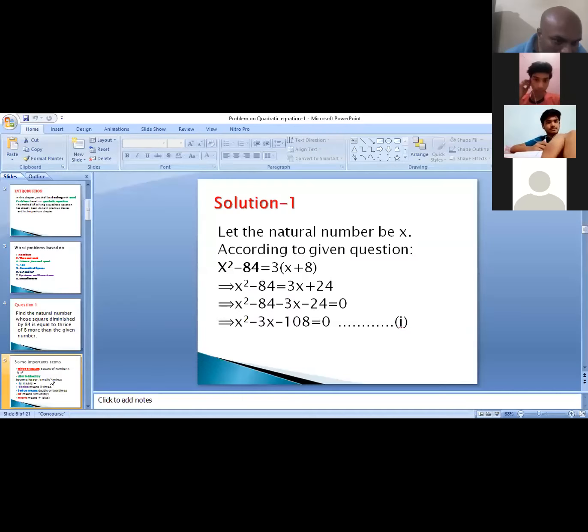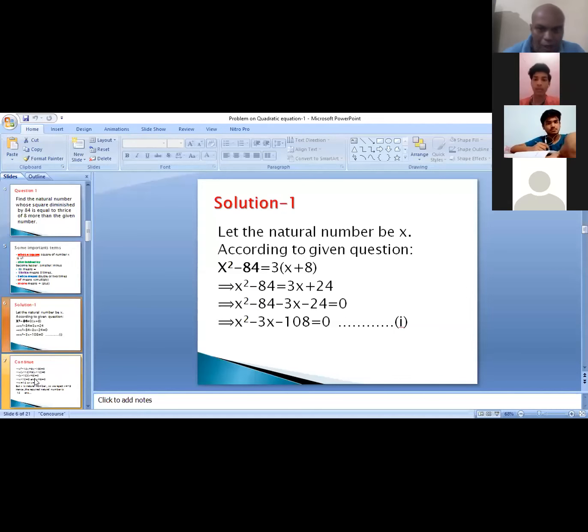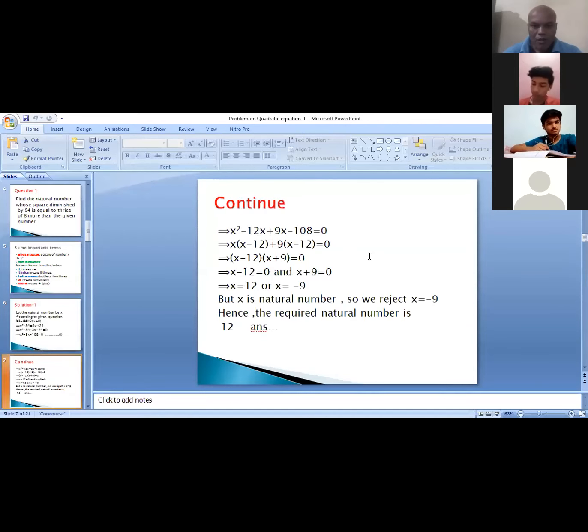Once this is completed, then you have to write like this. Okay, but x is a natural number, so we reject x is equal to -9. Hence, the required natural number is 12. In this way, you have to write the statement in the last and give the answer as 12. Clear? Yes, sir. This question is clear?